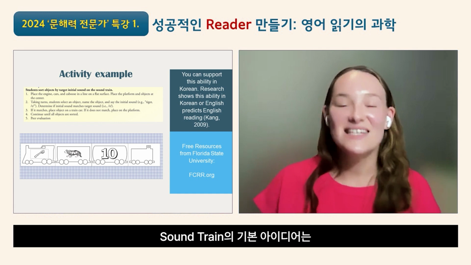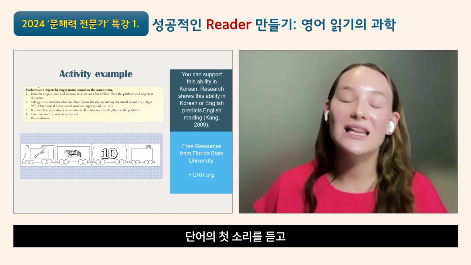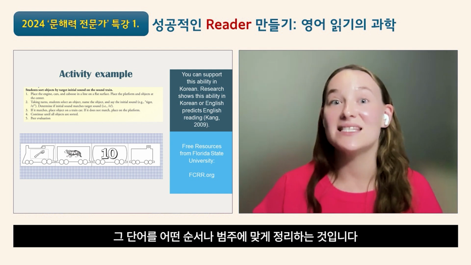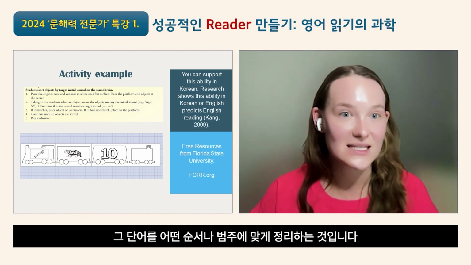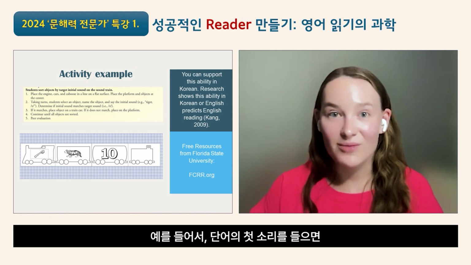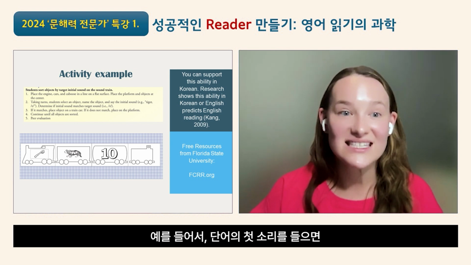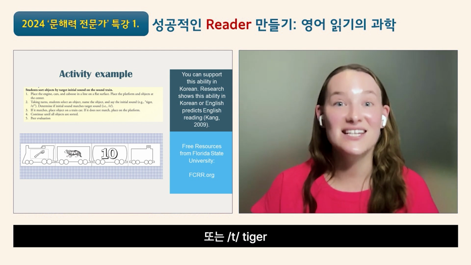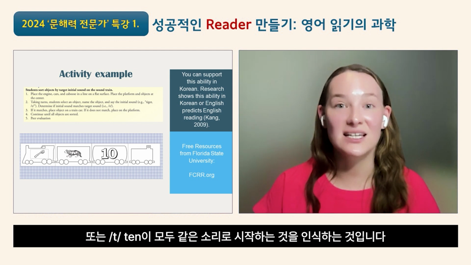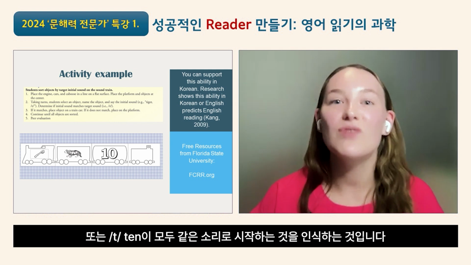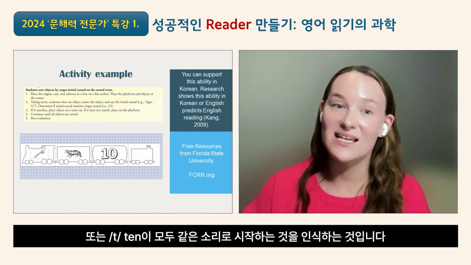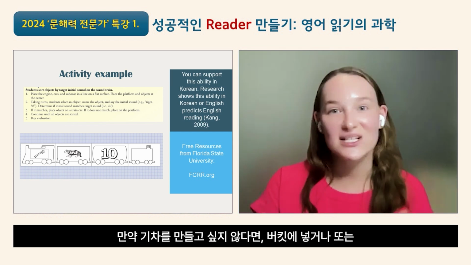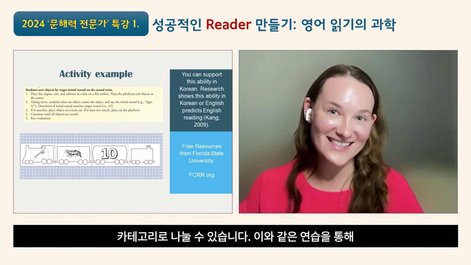The general idea behind Sound Train is that we're listening for the first sound in words and then putting them in some kind of order or category. For example, we might be listening for the first sound in a word like toothbrush or tiger or pen, and recognize that they all start with the same sound, so they form a train. If we don't want to form a train, we can just put them in buckets or categories.